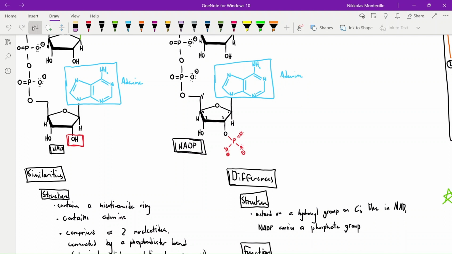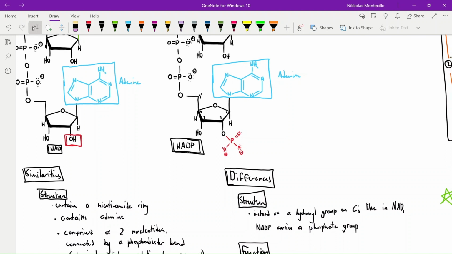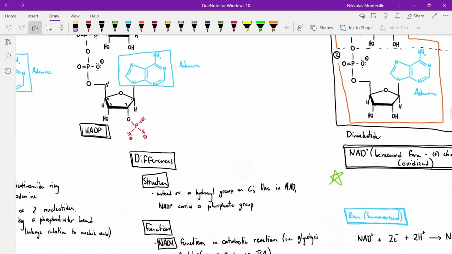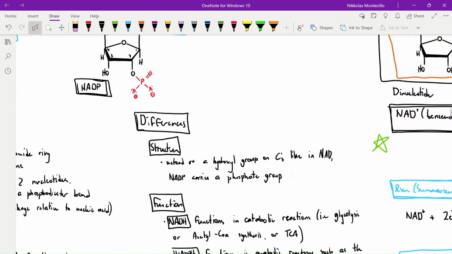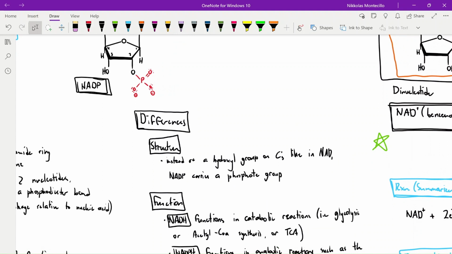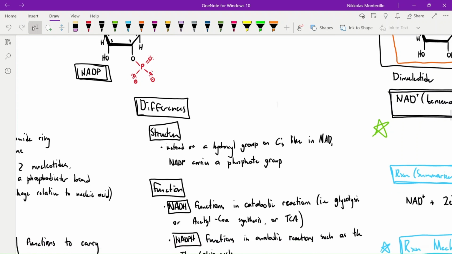They're comprised of two nucleotides connected by a phosphodiester bond, which is an atypical linkage relative to nucleic acids. The difference is that instead of a hydroxyl group on C2, like in NAD, NADP carries the phosphate group.